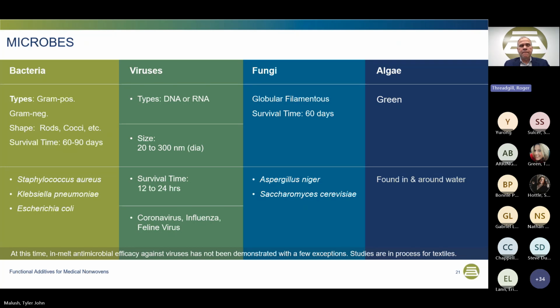They invade healthy cells of the host, whether that's a human, an animal, a plant, or other microorganisms, and they replicate and reassemble until they consume all of the matter in that cell. Then they repeat this process over and over again in healthy cells. As of today, there are not many in-melt antimicrobial solutions that have been demonstrated to show really quick efficacy against viruses in textiles, although there are still developments in progress. So hopefully we'll see some breakthroughs here in the near future.